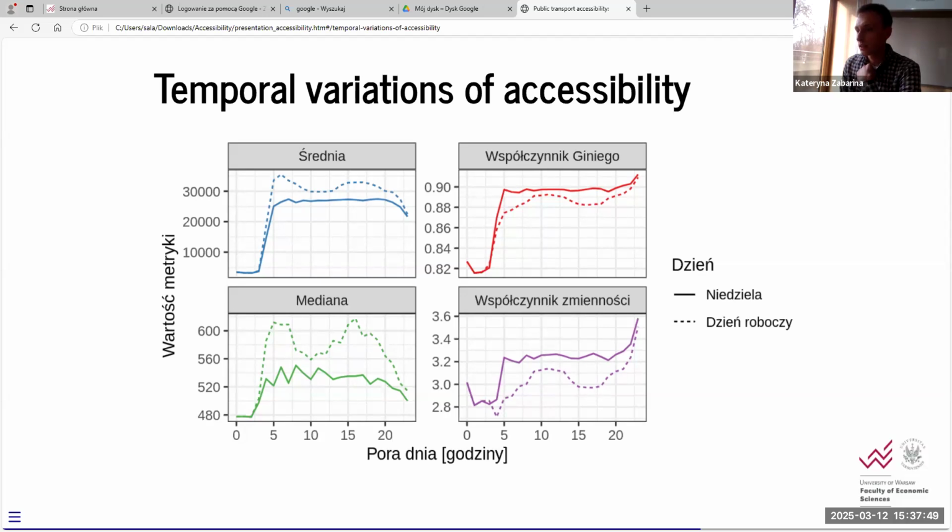So what we can see here is that there are deviations in the accessibility level between Sunday, which is niedziela, this line, and this is a regular weekday.